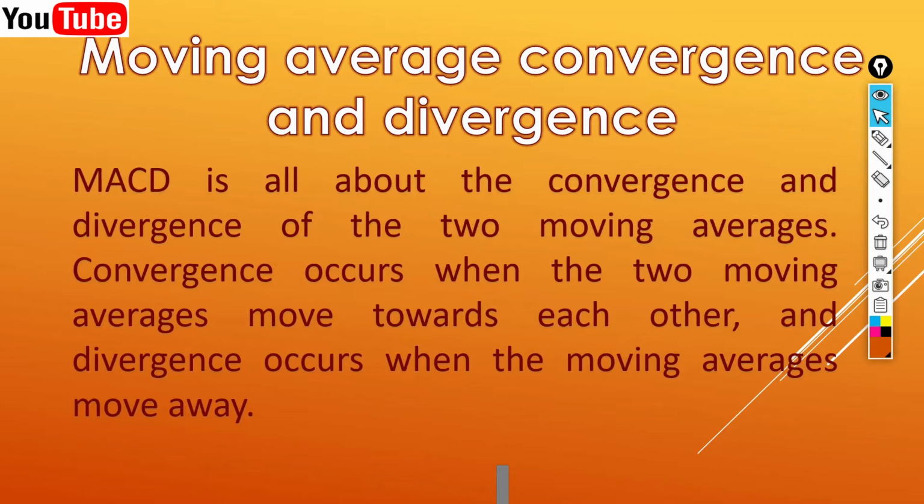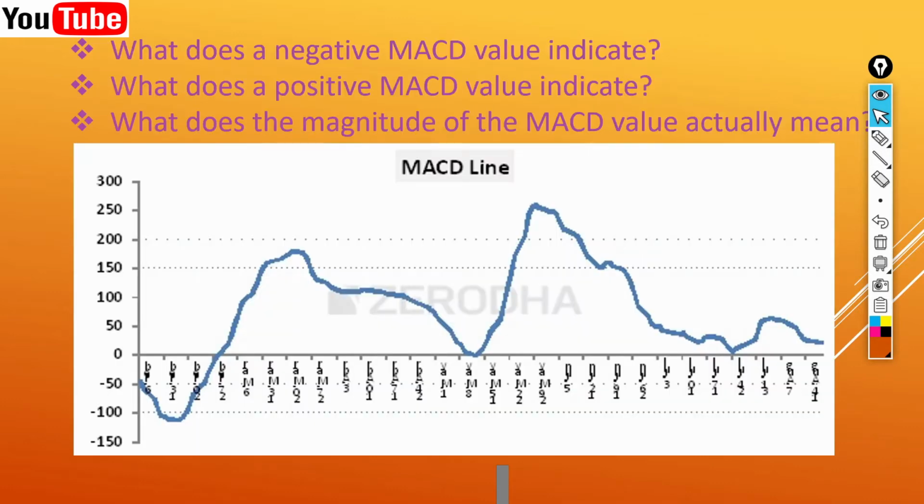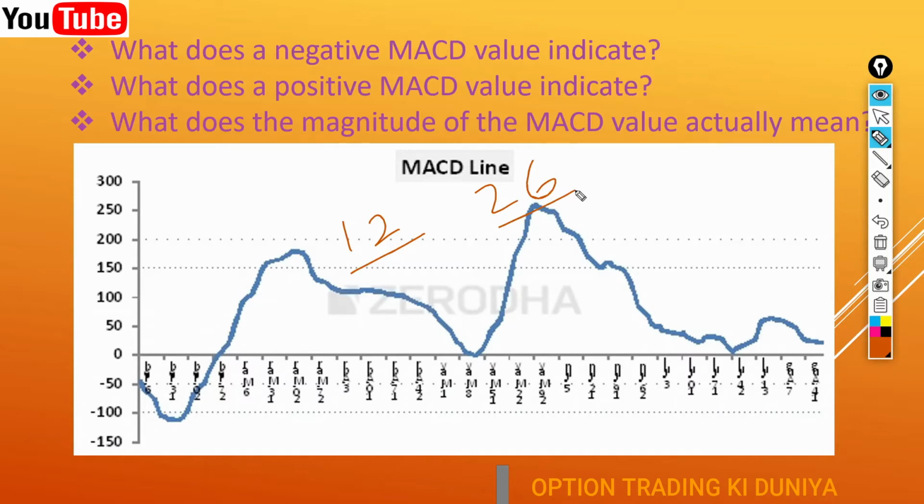So let me explain to you in detail about it. So we have the MACD line. What does a negative MACD value indicate? How do you get a negative MACD value? Let me explain here. So you have 12-day and 26-day exponential moving averages.